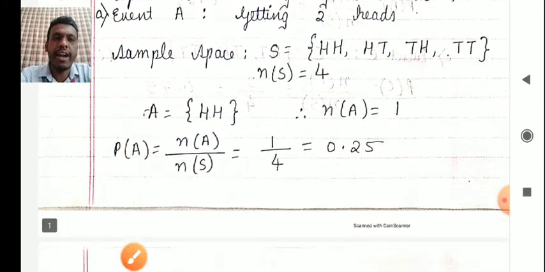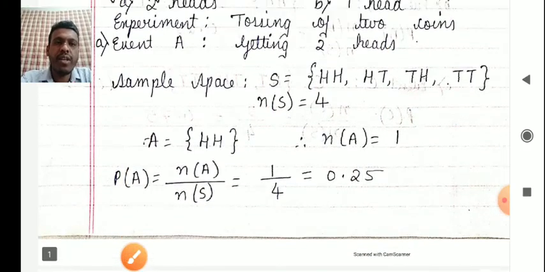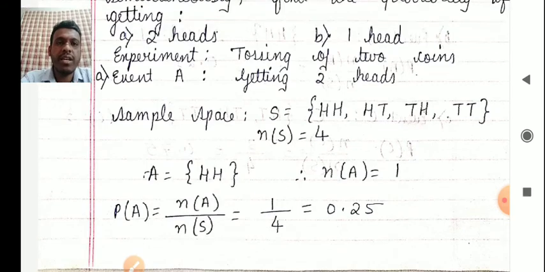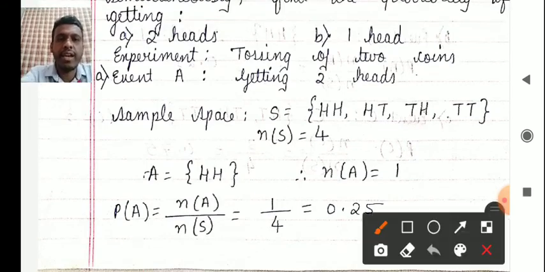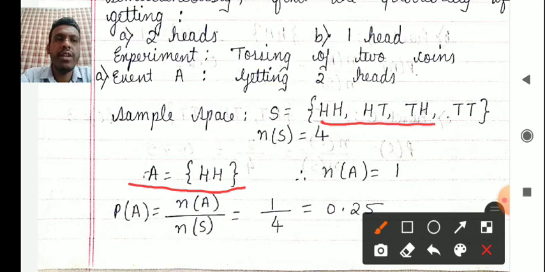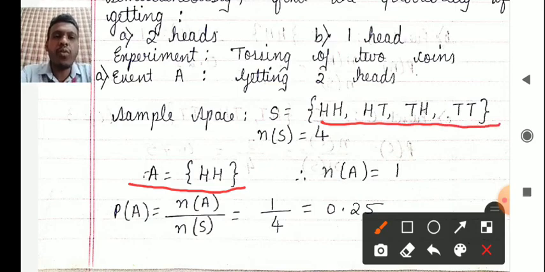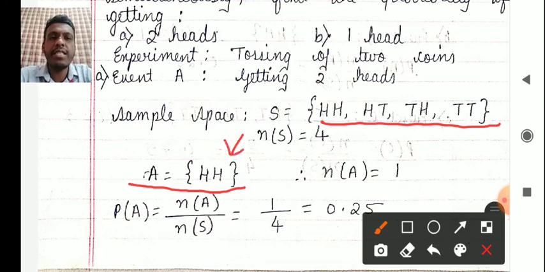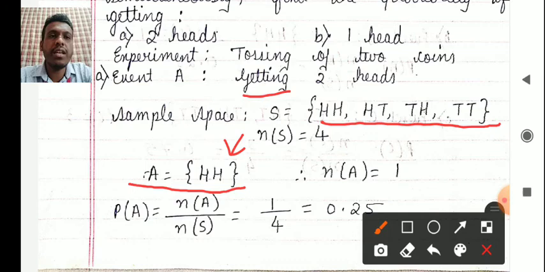Once you get that, what does set A consist of? Event A is getting two heads. Now just concentrate on this part. Whenever we are finding out what will come in this set, we have to look at the sample space. What is the event that we are interested in? Getting two heads.